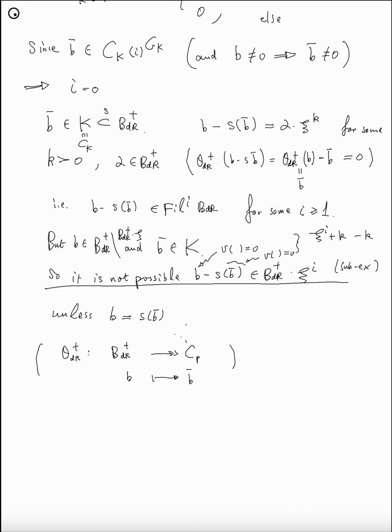There is a section. I cannot directly conclude from the fact B bar is in K and then B is in K, or can I? There is a unique section, right?